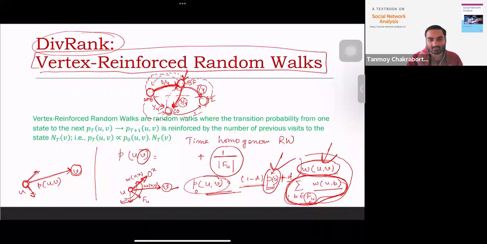If a place starts attracting many people, next time also it will attract many people. So at the very beginning, all these probabilities are static, right?